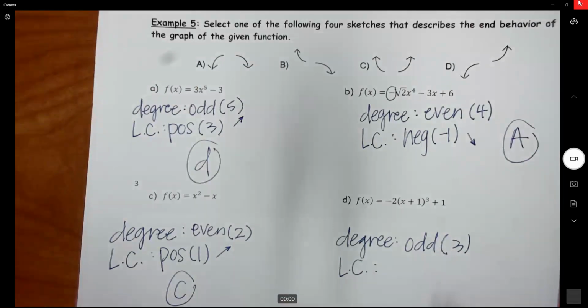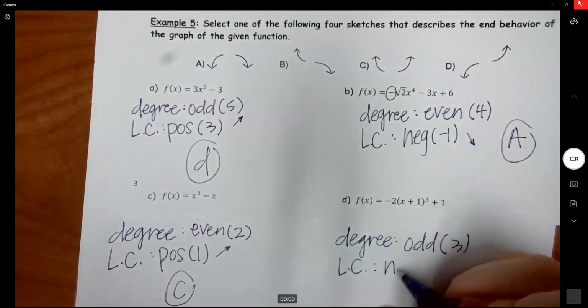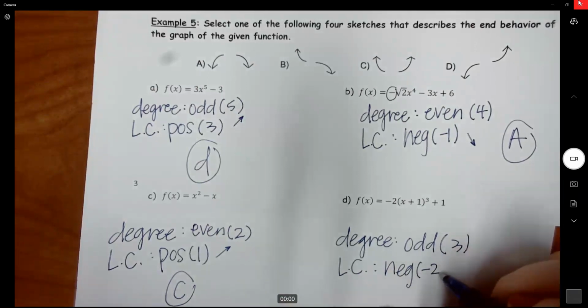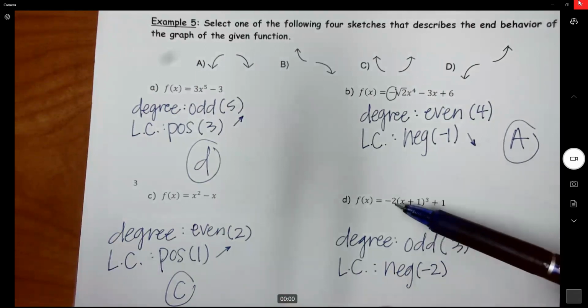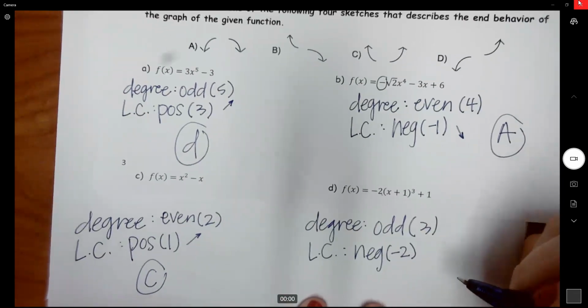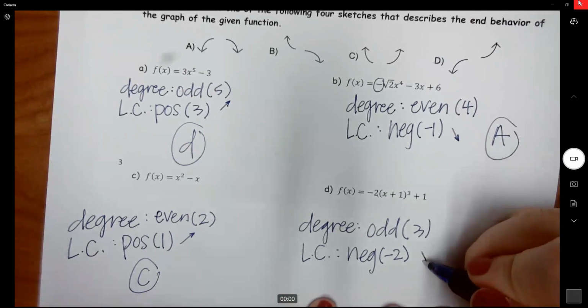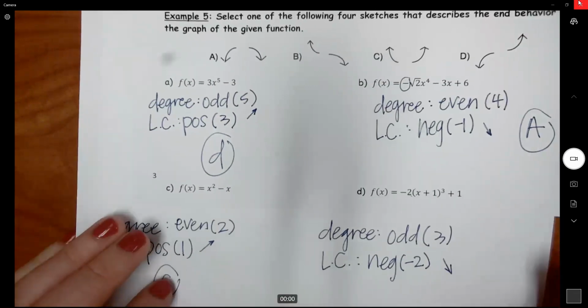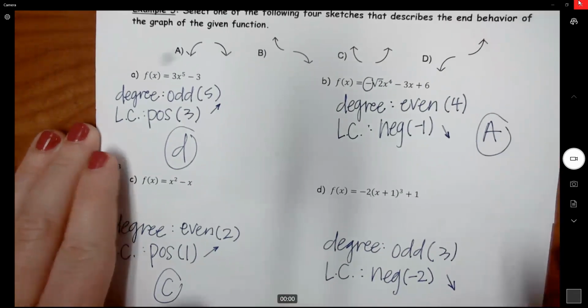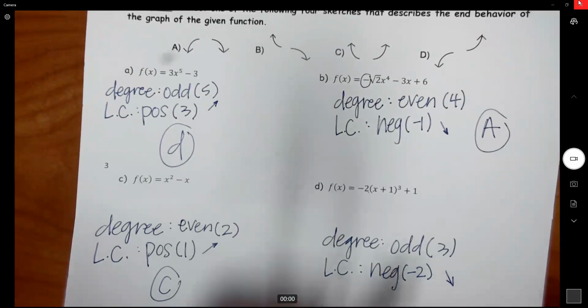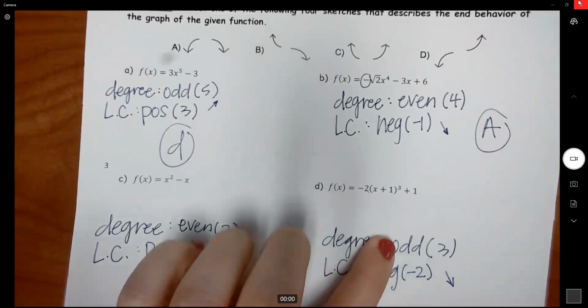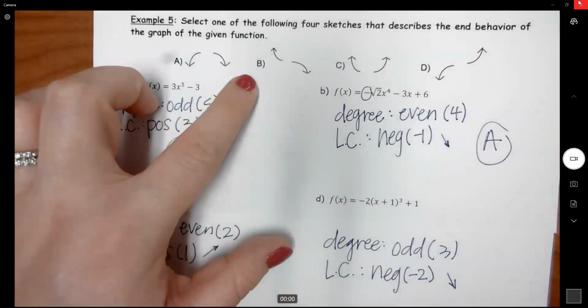So when we look at the leading coefficient, it is negative because it is that -2 right out front. A leading coefficient of negative means it's going to go down, or it's going to end down. So which one ends down and has opposite end behavior? That's going to be right here at B.